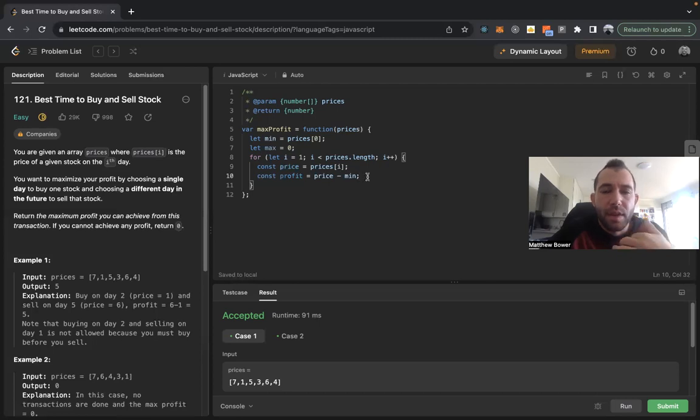Then we're going to check with an if-else statement. We're first going to check if the price is less than the minimum. If it is, the minimum will become the price and be reassigned to it.